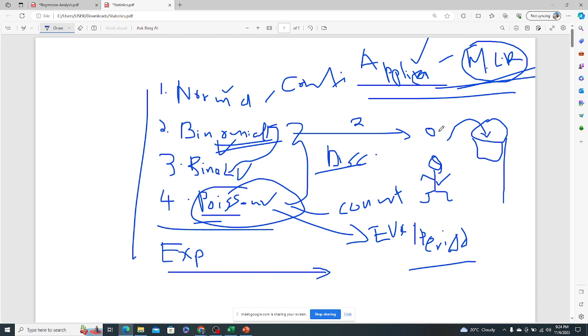So if you make the ball go through the basket, we can record it as one, representing a win. Or if you fail to take the ball through the basket, then it will be zero. Zero means it's a loss. So in this case we are only dealing with two possible outcomes.